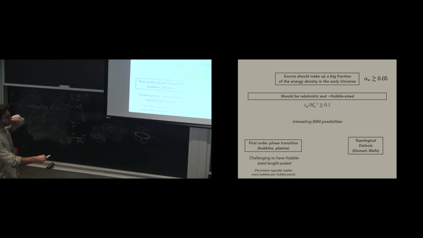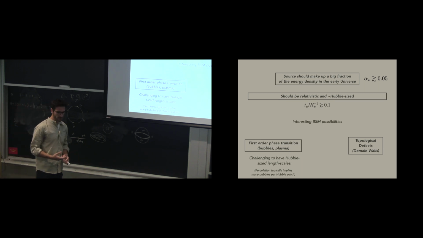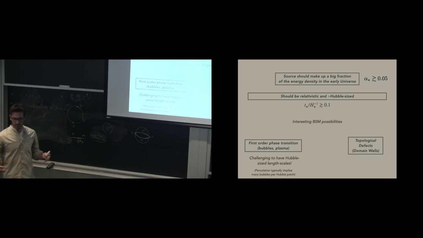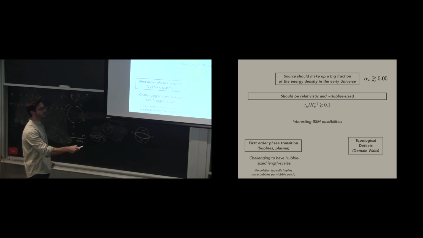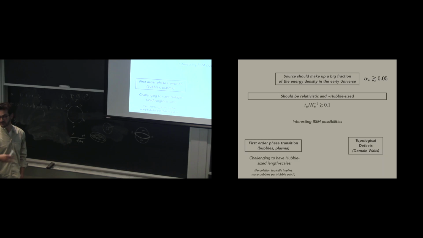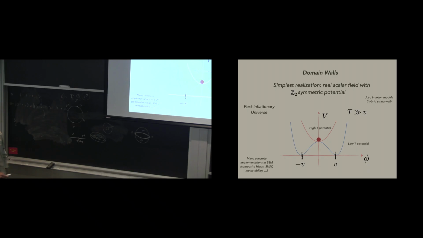So typically you have to go to some extreme regimes of these phase transitions, some classes of which are called supercooled, in which you can hope to have these very large bubbles that would give you a very large signal. On the other hand, we'll see that domain walls, a particular type of topological defect, automatically satisfy this condition of being Hubble size, at least under the simplest assumptions for their evolution. And this is what I'm going to describe next.